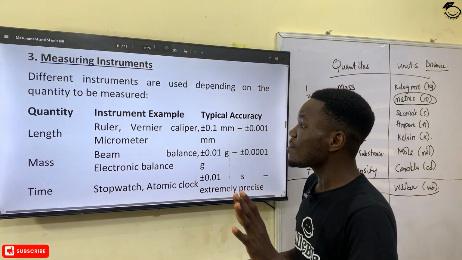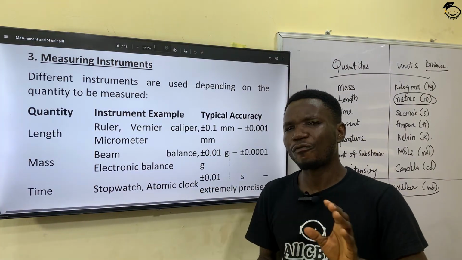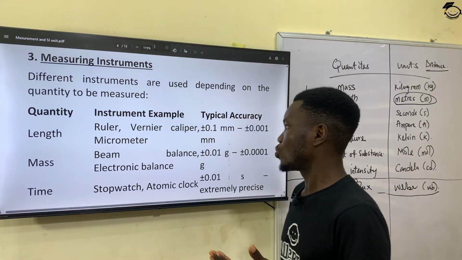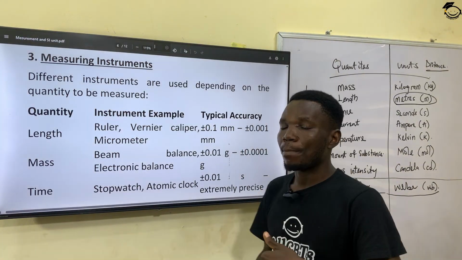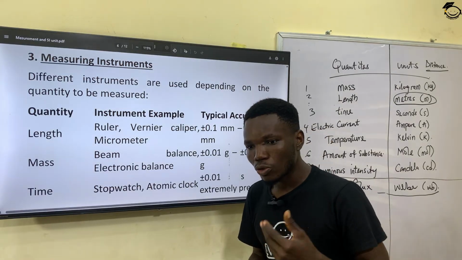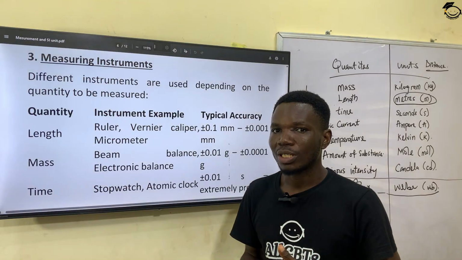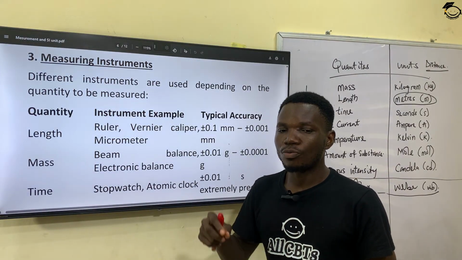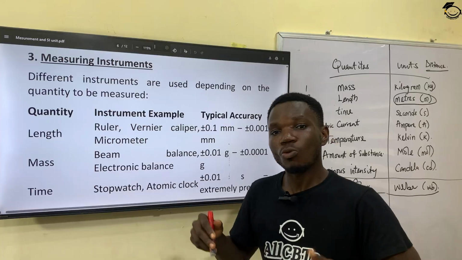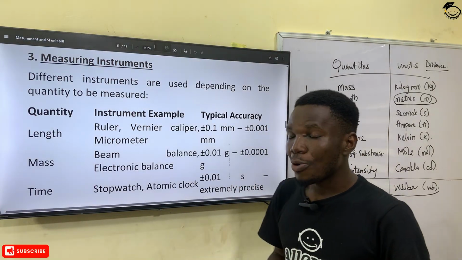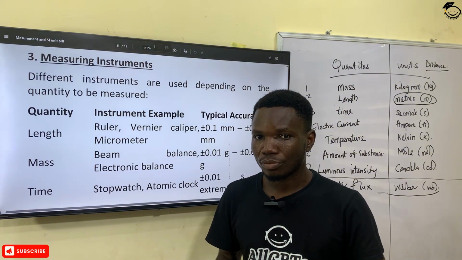For example, to measure length, I have the meter rule, which you also call a ruler. But most likely in the lab, we use what we call the meter rule, a rod-like structure about 1 meter long. So we have the vernier caliper, and we have the micrometer screw gauge.